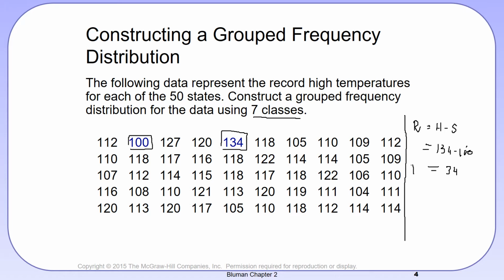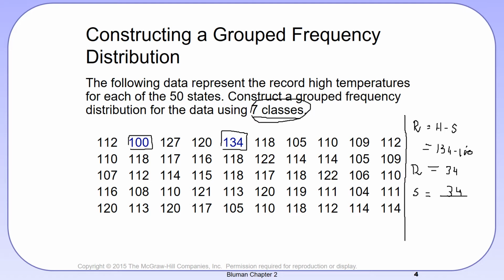Now dear student, after this we need to find out the size of the class, which we have already discussed in our previous lesson. The range will be divided by the number of classes. If we have 7 classes, we divide by 7; if we have 6 classes, we divide by 6.